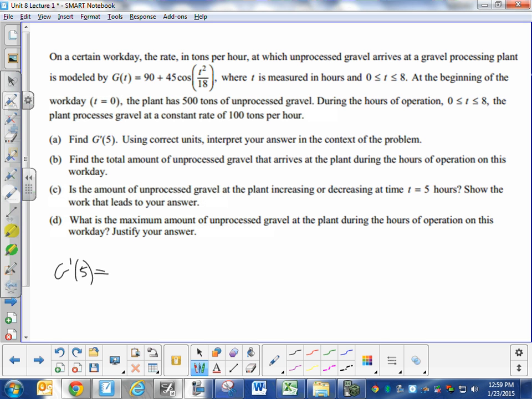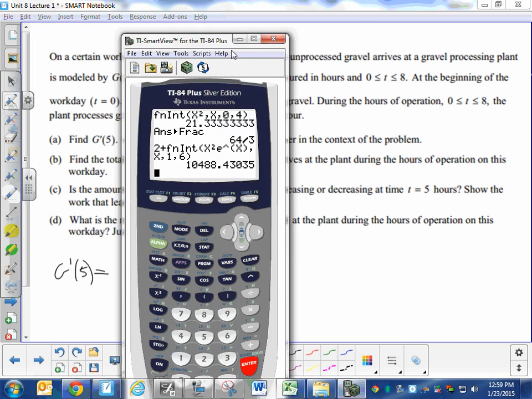Let's see, G prime of 5. This would be negative 45 sine of t squared over 18 times 2t over 18. And then you'd plug in 5. You could probably use your calculator for this, so let's just do that. So that would be the derivative.